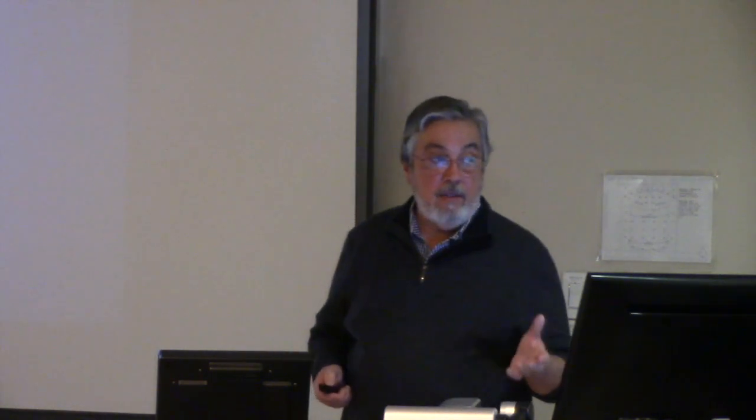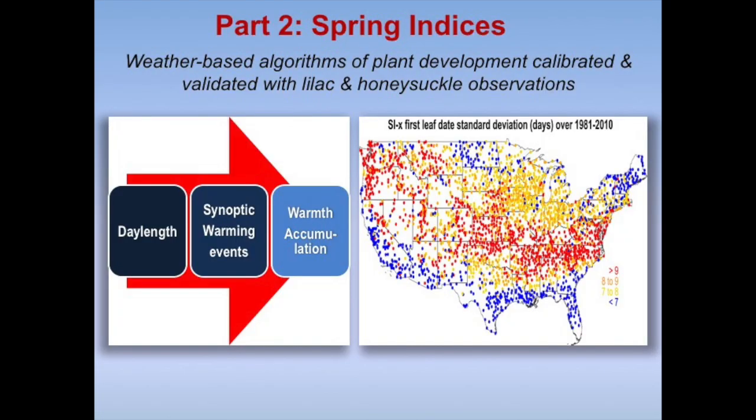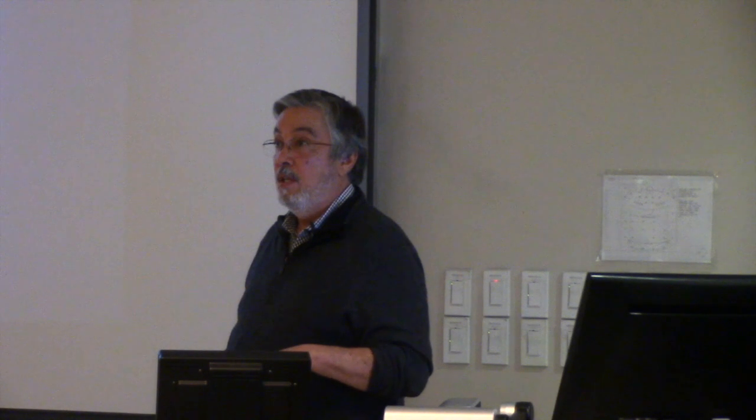So we've created these spring indices, which are weather-based algorithms of plant development that are calibrated and validated with lilac and honeysuckle observations. We're no longer encouraging people to make observations on honeysuckle since it's an invasive species, particularly troublesome in the east.